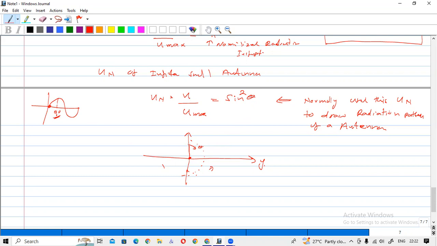So sine theta is measured in this direction, and when theta is zero, it is equal to zero.